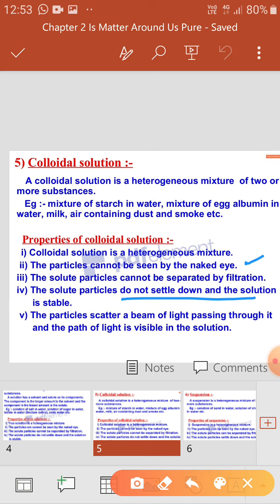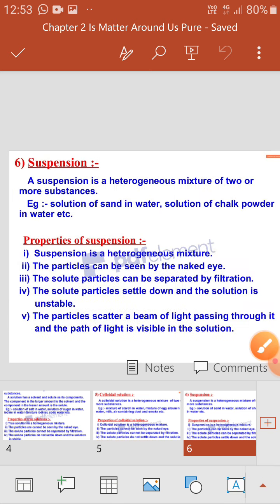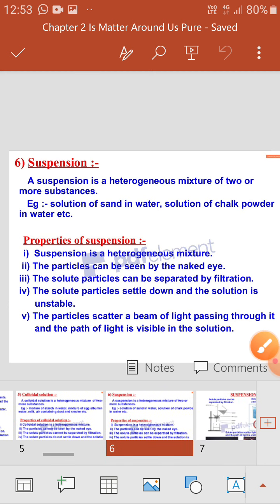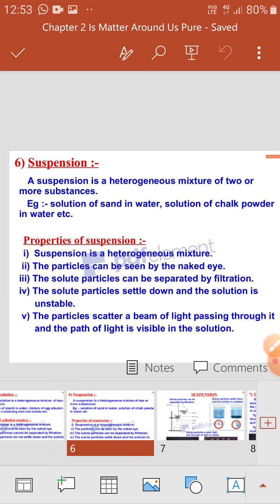The particles scatter the beam of light passing through it, and the path of light is visible. So that is known as a colloidal solution. This was related to the activity.